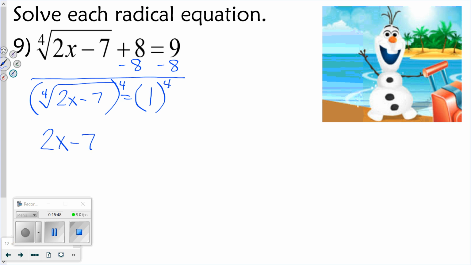So 2x minus 7, what's 1 to the fourth? I seriously can't even tell you how many times people tell me that's 4. It's always the basic stuff, right? Like, what's 1 times 5? They're like, 1? No, it's 5. 1 times 1 times 1 times 1 is not 4. It's 1. All right, so then we have to add 7. So 2x equals 8. So x equals 4.